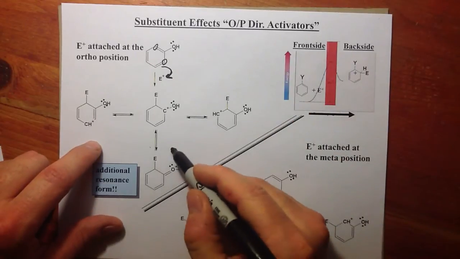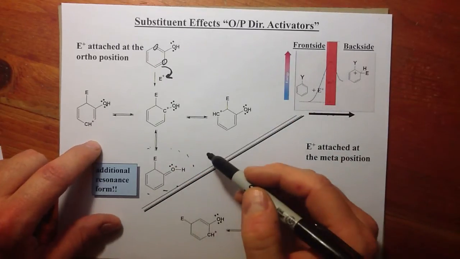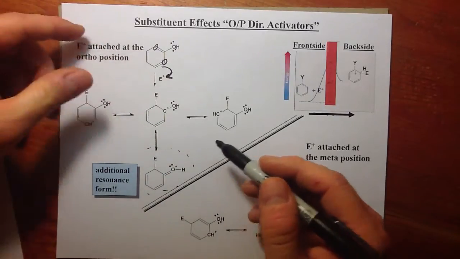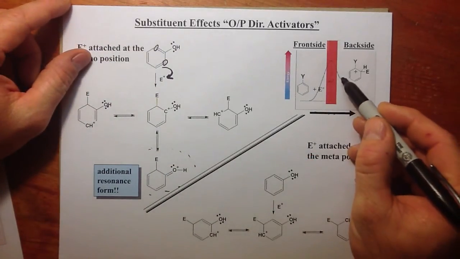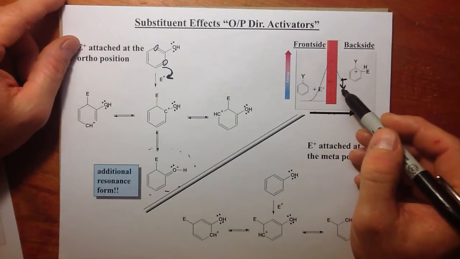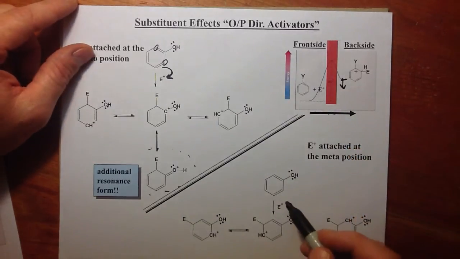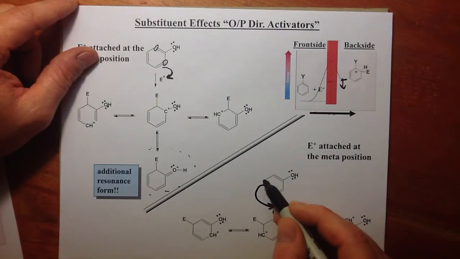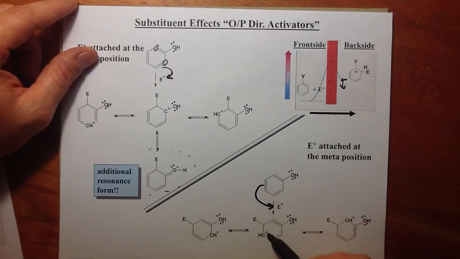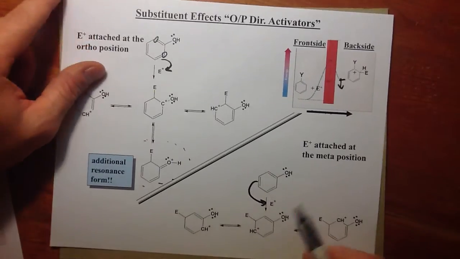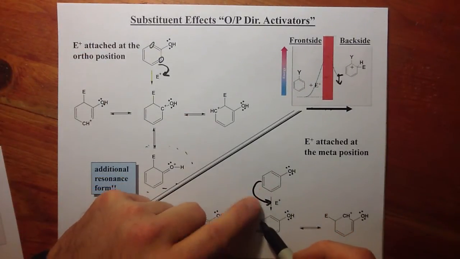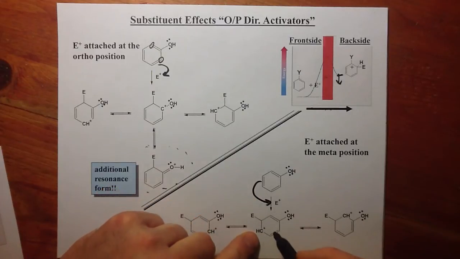But this is the additional resonance form that we get that makes this a good group to have on, an activator that lowers the energy of that intermediate on the back side. Just for contrast, if we put the electrophile here at the meta position and have the positive charge, of course, here at this carbon, if we use the pi electrons to attach the electrophile to the meta position, the positive charge, we can still move around the ring.